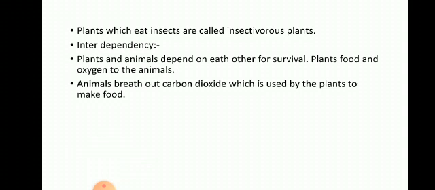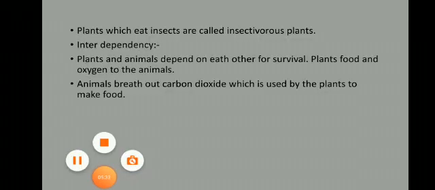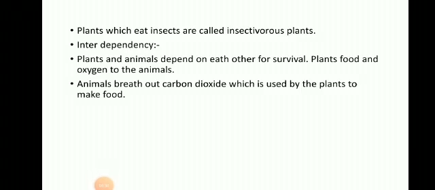Without an animal we cannot live, without a plant we cannot eat. Without both plant and animal, can a human being live? Definitely no. That means we are interdependent on each other. This is how interdependency mainly consists of the balance of nature.